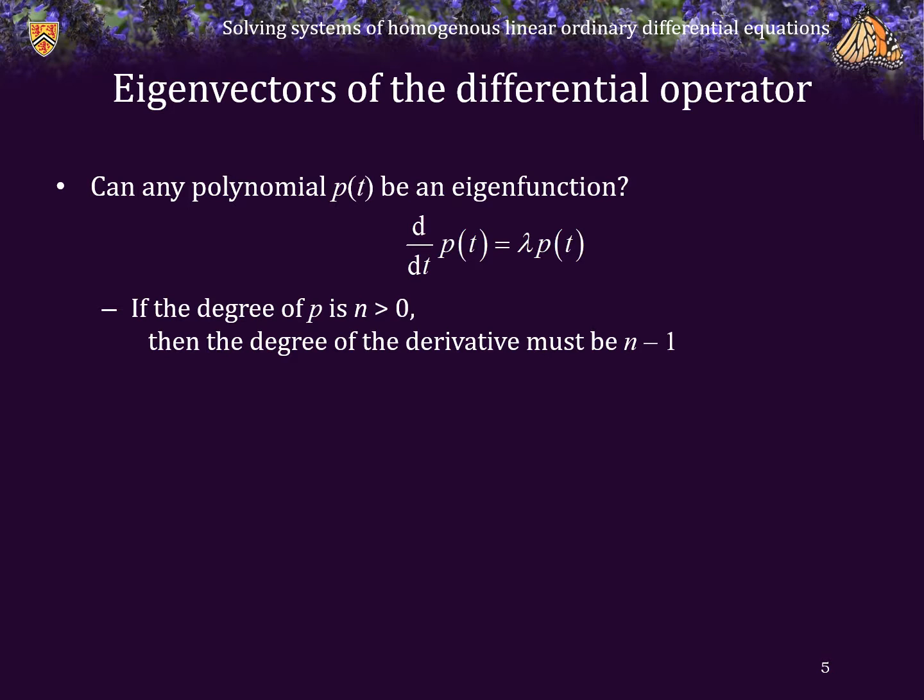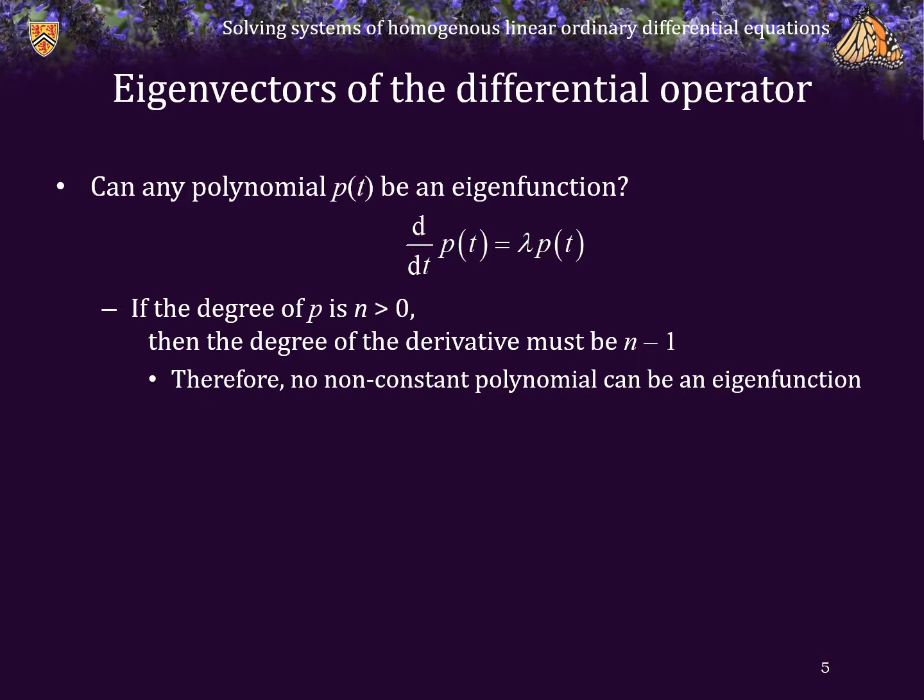So there's no possibility that, for example, the derivative of a quadratic is a scalar multiple of a quadratic, for the derivative of a quadratic must be a linear polynomial. Therefore, no non-constant polynomial can be an eigenfunction.